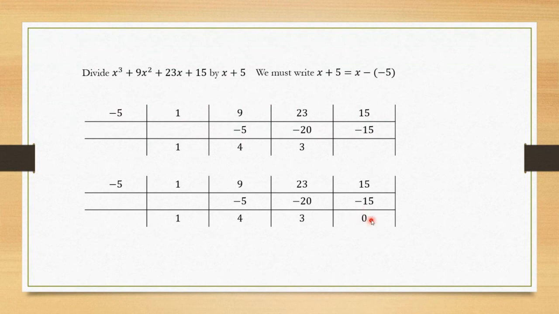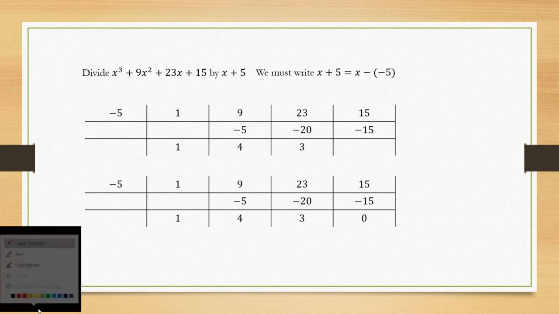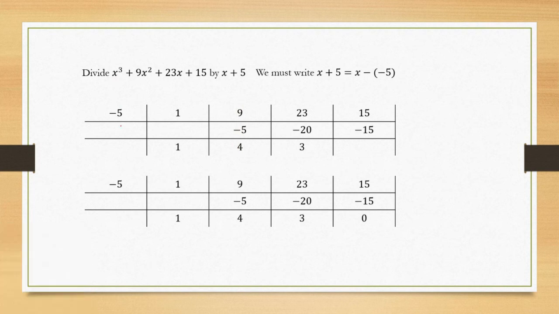So again, the whole process was -5 times 1, that's -5. That goes here. We add and get this. We had -5 times 1, that's the product. That product goes here, and then we add. Then we have 4 times, excuse me, I made a mistake.